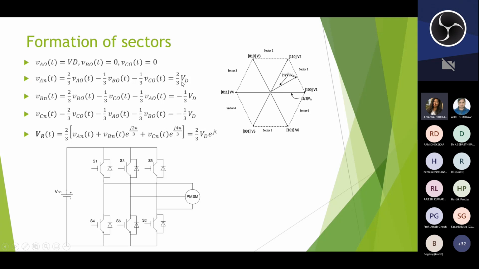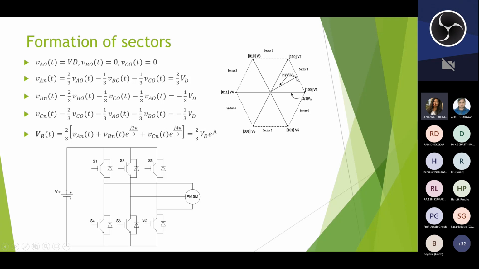VA will be 2/3 of VD, VB will be minus 1/3 of VD, and VC will be minus 1/3 of VD. Similarly, the resultant vector is also calculated, that is 2/3 of VD.